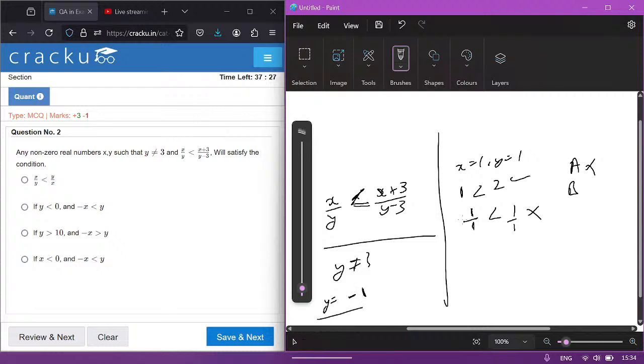let's assume y is less than 0, so y is equal to minus 1. So in that case, what is our equation? Our equation is minus x less than or equal to x plus 3 by minus 1, so this is minus 4. Let's take x as 1. If x is equal to 1, this is minus 1 less than 1 plus 2, 3.